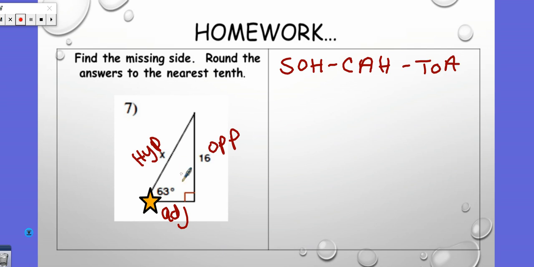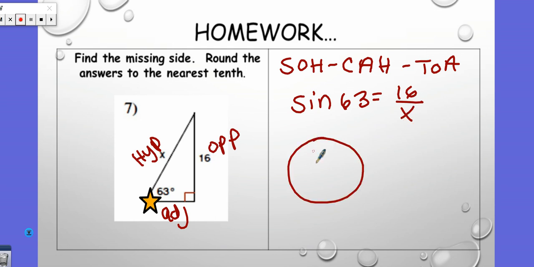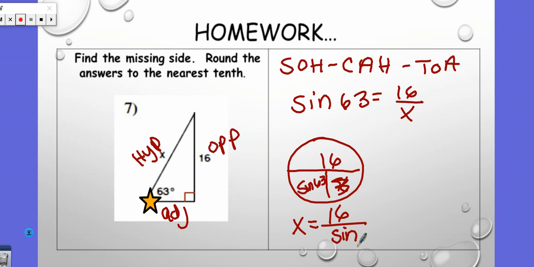I have the opposite and the hypotenuse, so that means I'm going to use sine. So sine of 63 equals 16 over x. So if I put my finger here to get x, then I know that x equals 16 over the sine of 63. And then we're going to use our calculator and round to the nearest tenth.